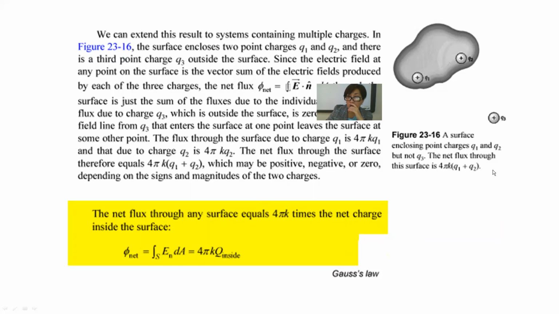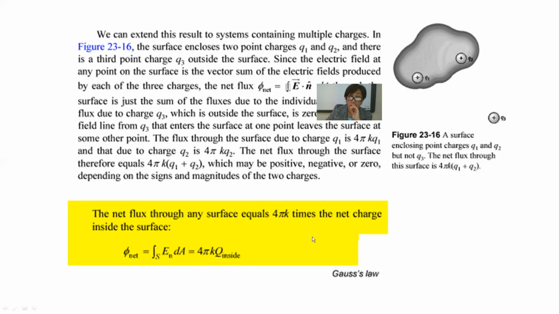The net flux through this surface is 4 pi k times Q1 plus Q2, because the electric flux comes from the enclosed point charges, not from Q3. We do not use electric charge Q3 but only charges Q1 and Q2.